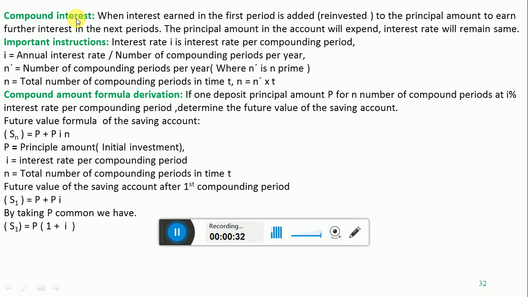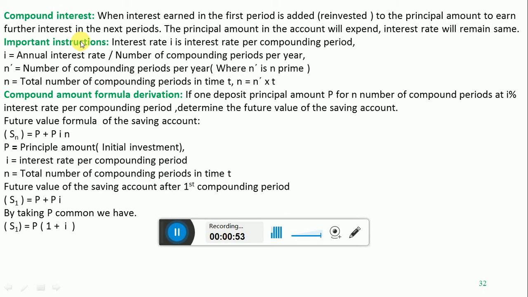When we reinvest the interest earned, the principal amount in the account is expanding, increasing, and the interest rate will remain the same. When the amount is increasing, it will earn more and more interest in the next periods.